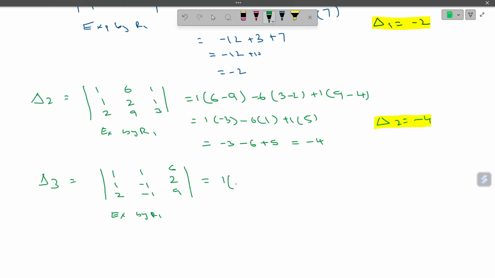So 1 times 9 is 9. Minus, formula minus, 2 times 1 is 2, minus times minus is plus. Minus this, 1 times 9 is 9, minus 2 times 2 is 4, plus 6 into this is 6.